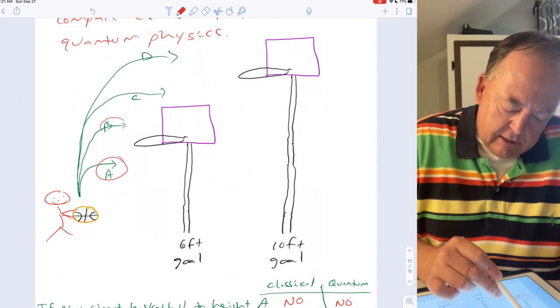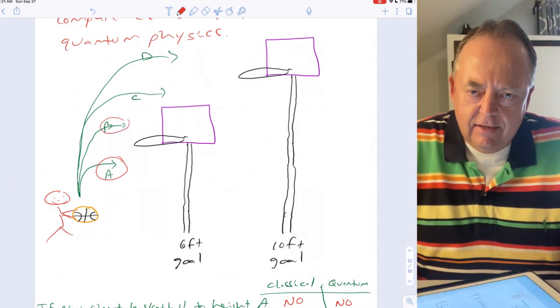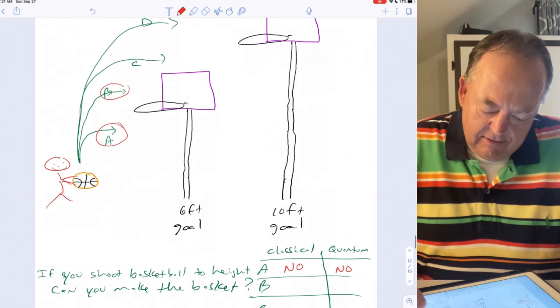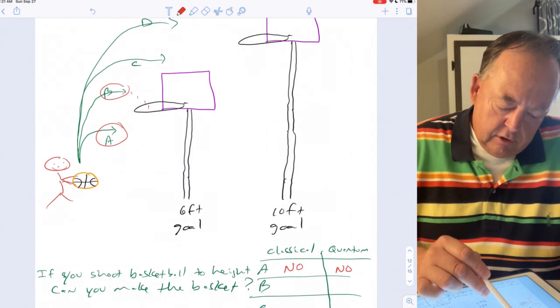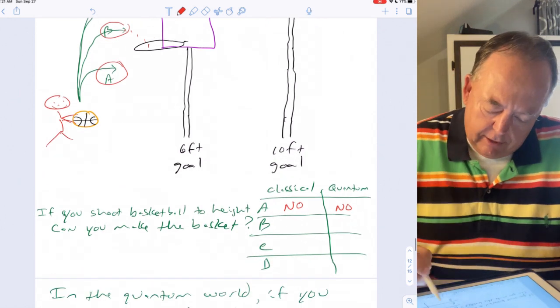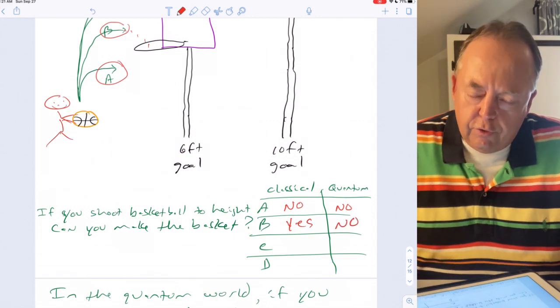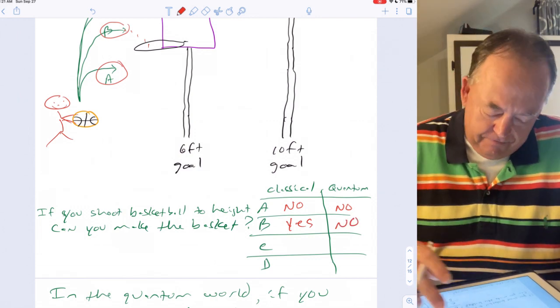What if you shoot the basketball this high? In classical physics, yes, you can make the basket, because with projectile motion it would just fall through the hoop. In the quantum world, no, you cannot make the basket.